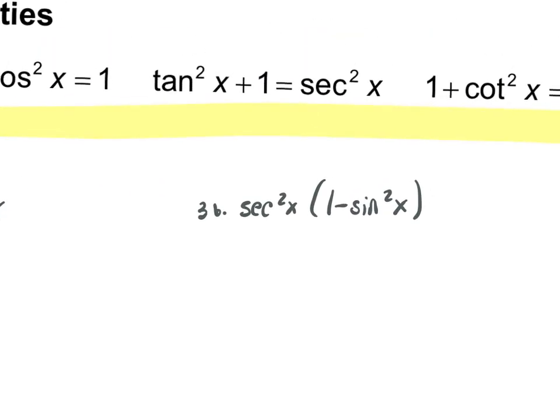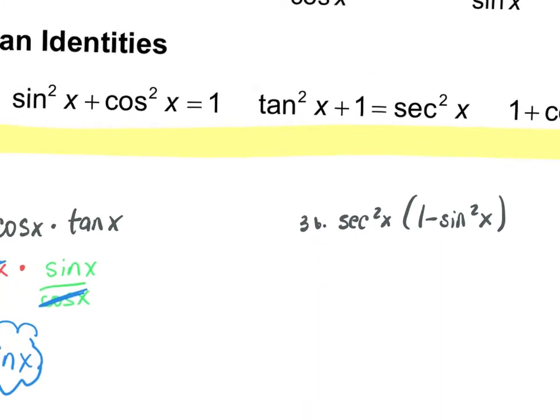I see secant squared of x, and I have 1 minus sine squared of x. Remember, when we have 1 minus or plus a trig function that is squared, we first look at our trig identities that are our Pythagorean identities, right? So you guys should be familiar with when you see 1 minus sine squared. What does 1 minus sine squared equal?